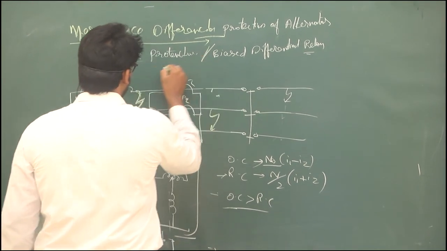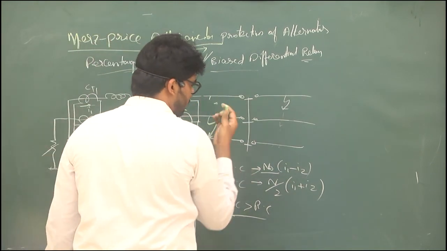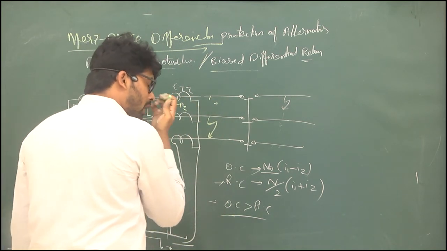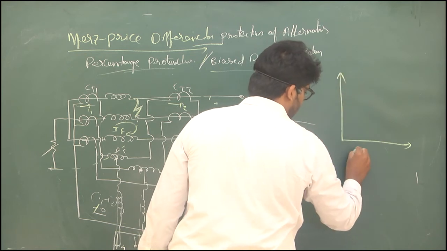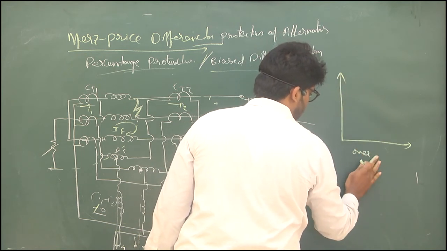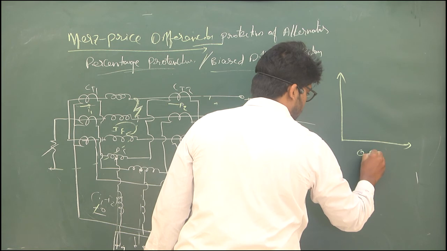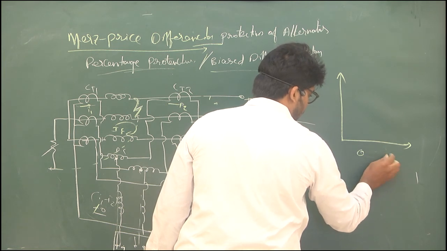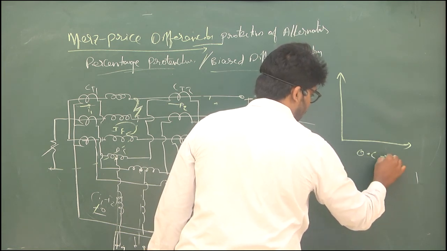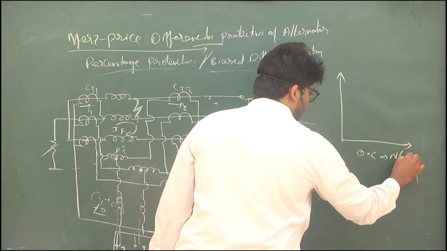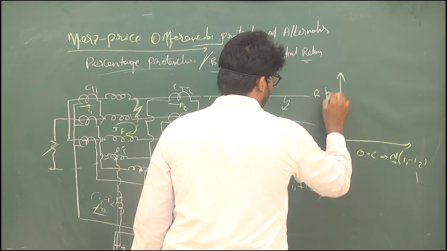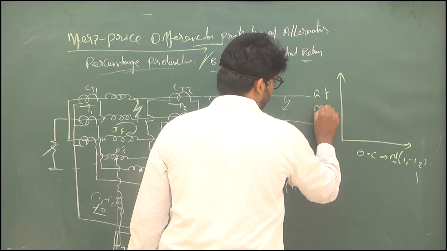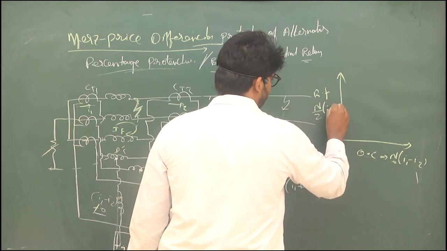Now why is it called percentage protection, and why is it called biased? We have to understand that now. If you draw the graph for overcurrent, this is called the operating coil force, given by N into I1 minus I2, and this is the restriking force of the coil, given by N by 2 into I1 plus I2.